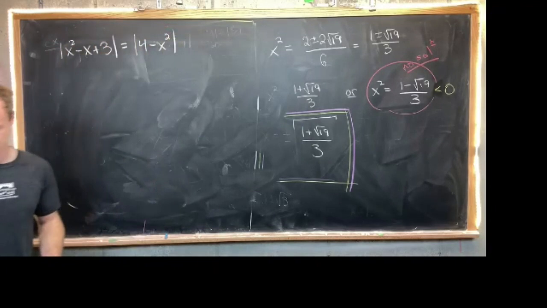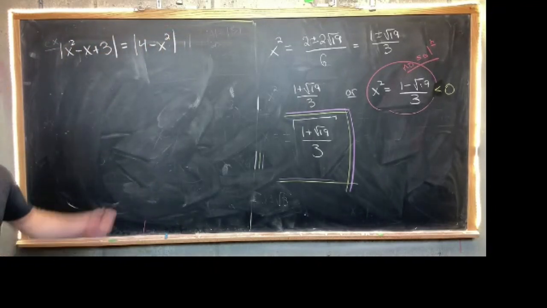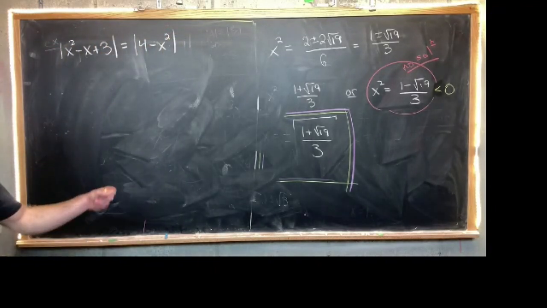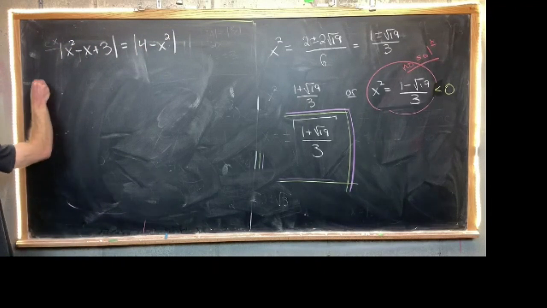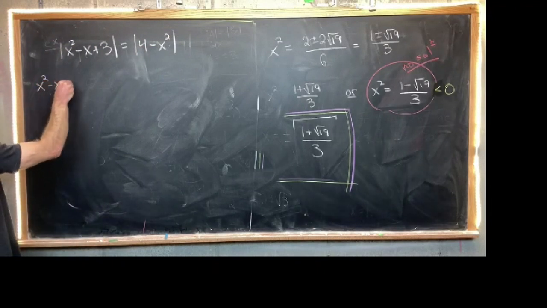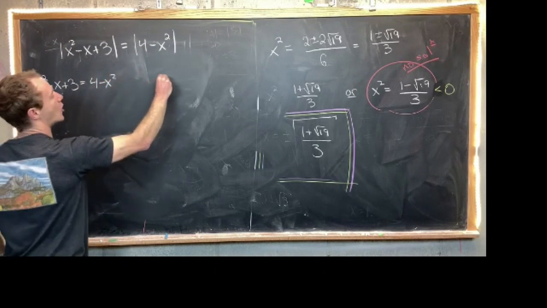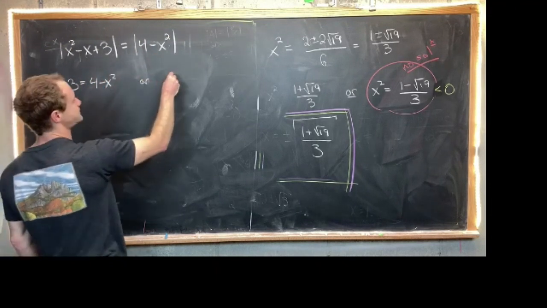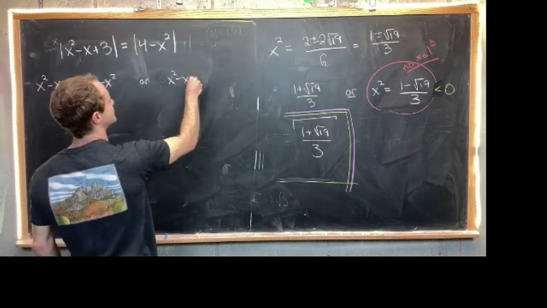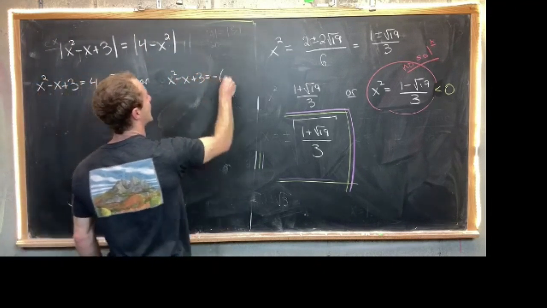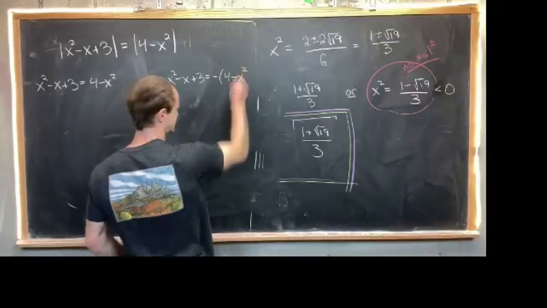Okay, so we're gonna break this up into the positive part and the negative part, just like we did in the last one. So we'll have x squared minus x plus 3 equals 4 minus x squared, or x squared minus x plus 3 equals -4 minus x squared.